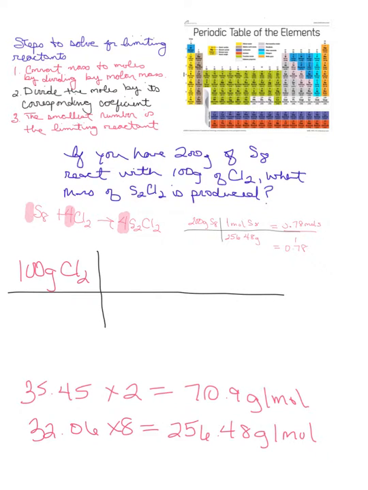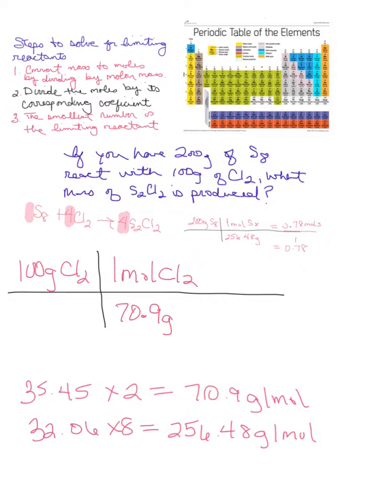And I know that in every 1 mole of Cl2, chlorine is 70.9 grams for every 1 mole of Cl2.